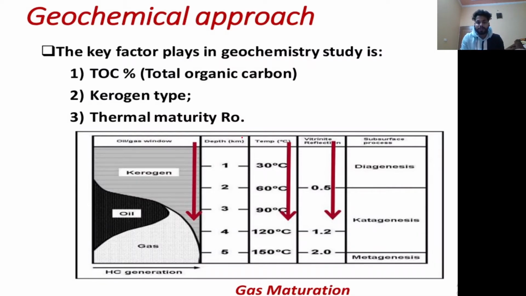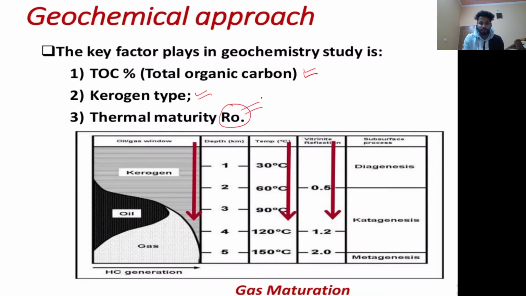The key factors that play the major role in formation of oil and gas and identification of oil and gas zones are how much total organic carbon content is present over there in the kerogen or the shale, what is the kerogen type, depending on under what conditions the kerogen has matured. We define kerogen type, and the thermal maturity, which is denoted by Ro.